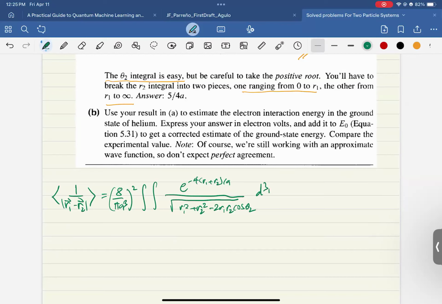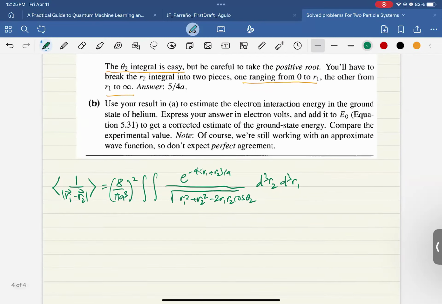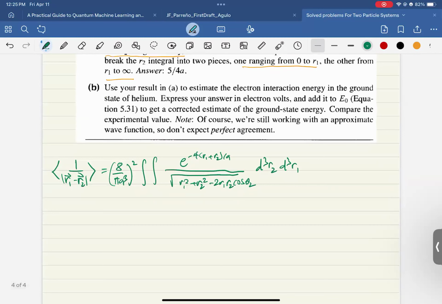And then d3r2 tapos d3r1. Okay, so paano nakuha yan? So malamang tatanungin nyo paano nakuha yan.